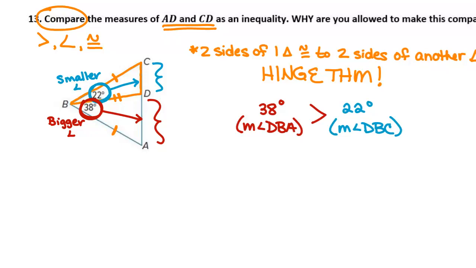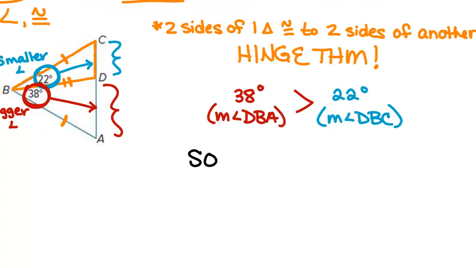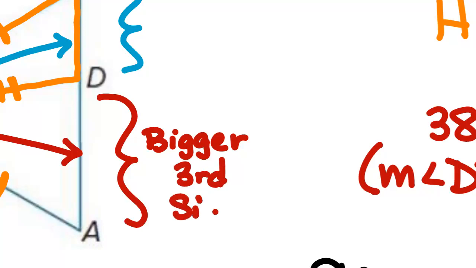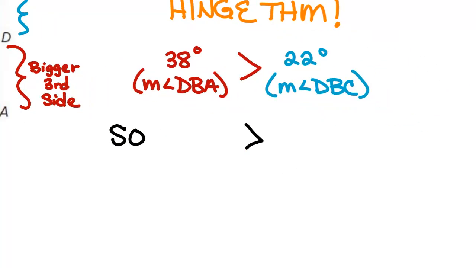And so that means, which one of these sides would be the bigger side? DA. Here's my bigger third side. So DA is bigger than, or I could call it AD.